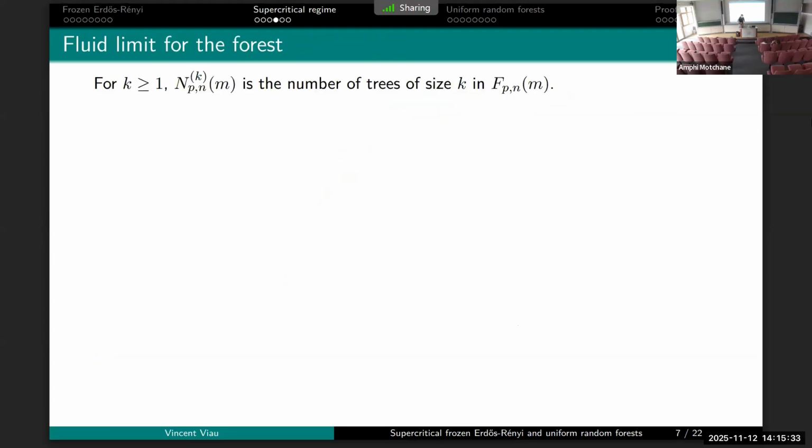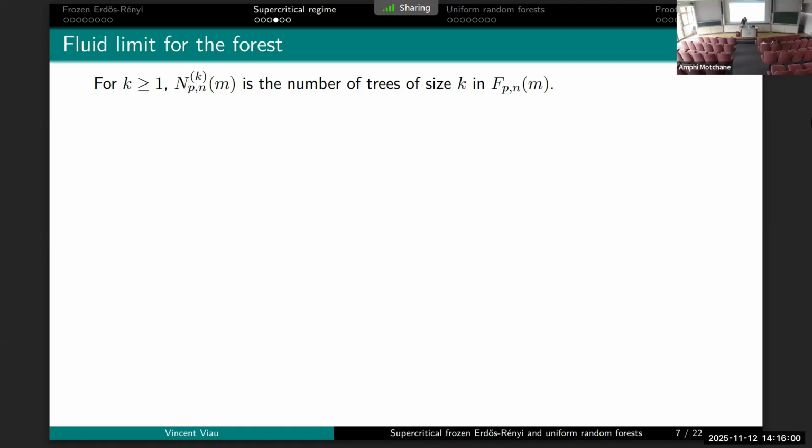And just before giving some ideas of the proof and the relation with random forest, I'm just going to give an application of this result, which is actually another fluid limit result, but for another quantity of the graph, which is the number of trees of any given size in your graph.